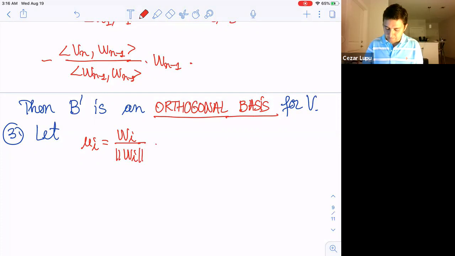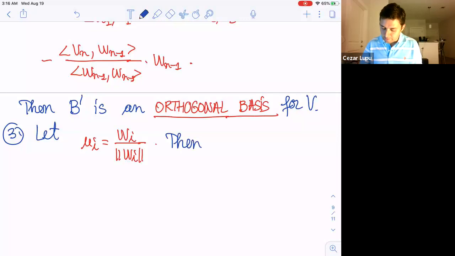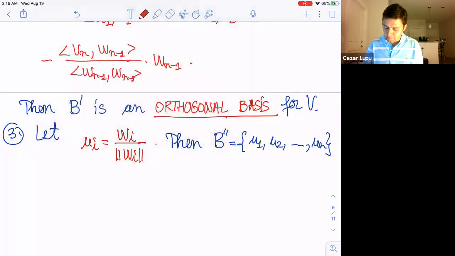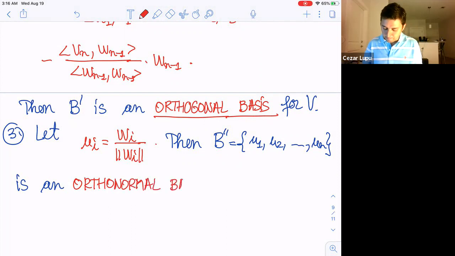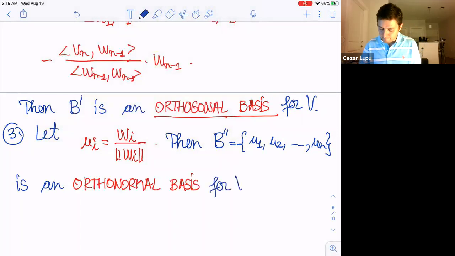Once we do this, it follows that this basis, let's say B second prime, which will consist of these vectors U1, U2, Un, is an orthonormal basis for B.